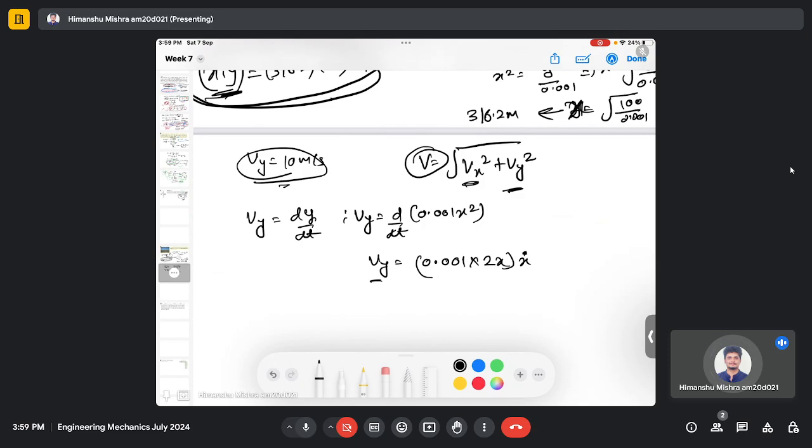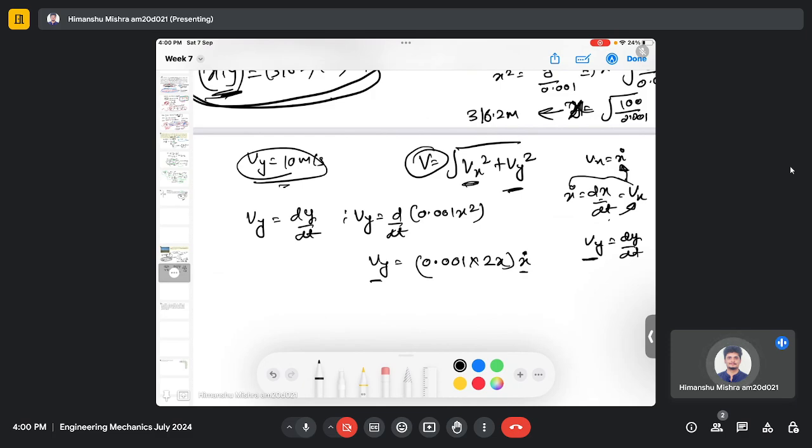So my Vy is already known quantity, and this x dot, which is dx by dt, is basically Vx. So if my Vy is dy by dt, dx by dt is Vx, the x component of velocity, right? So this is x dot, which means my Vx is x dot.